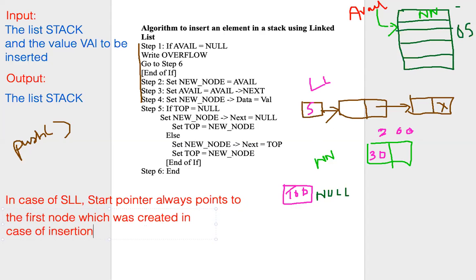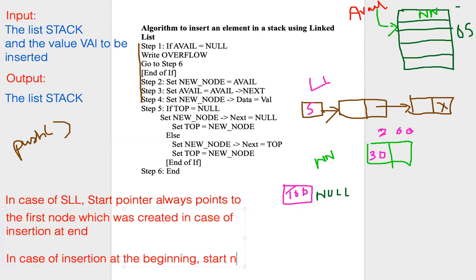But if the insertion was at the beginning, then start pointer always points to the last node which was created, in case of insertion at the beginning. This is a very important point.